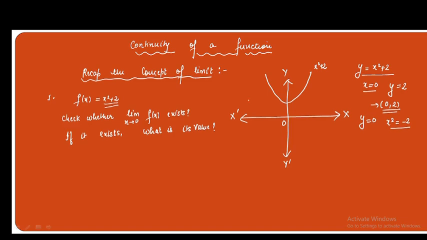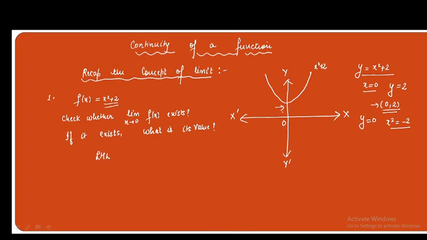So first we'll try to approach 0 from the left hand side. From the left hand side, the values very close to 0 will be somewhat like minus 0.001, minus 0.0001, right? So we will approach 0 from the left hand side. We will write it as LHL, left hand limit.